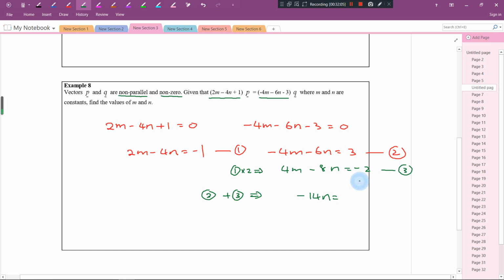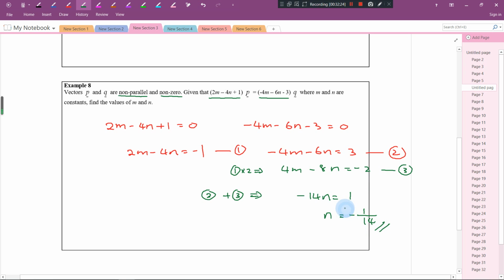This one plus this one, oh, correct or not? Should be correct. Let me check later. So n is equal to negative 1 over 14. Okay, let me check my answer. Correct or not? n is equal to negative 1 over 14. Yes, correct.